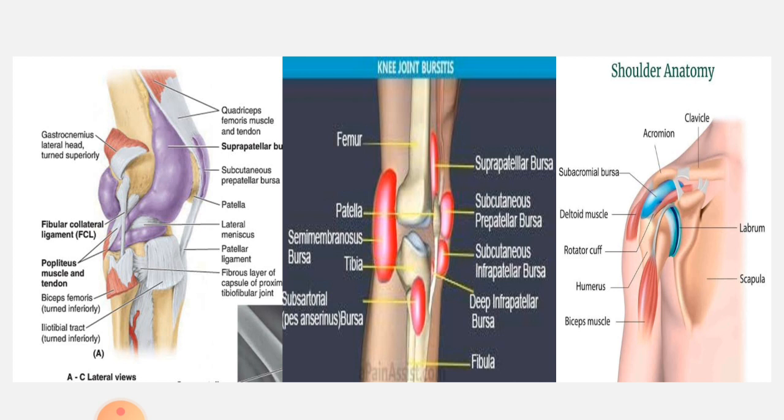You can also appreciate the bursa between the muscle and bone, which is between the popliteus muscle and the lateral condyle of the femur, the distal part of the femur bone. In the second image, you can also see the bursa between the two muscle tendons, semimembranosus and semitendinosus, and you can also see the subacromial bursa. So these are the various types of bursa.